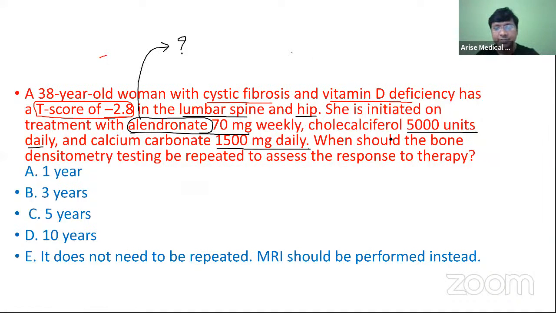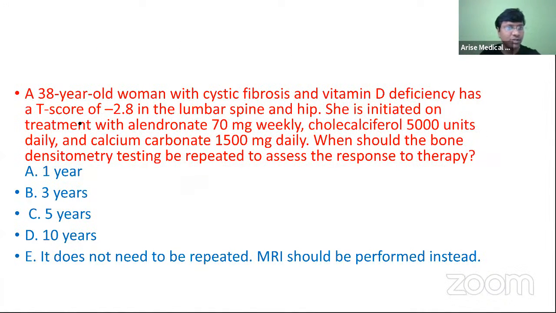Okay, right. So the question is, when should the bone densitometry testing be repeated to assess the response to therapy? 1 year, 3 years, 5 years, 10 years, it does not need to be repeated, or MRI should be performed instead.